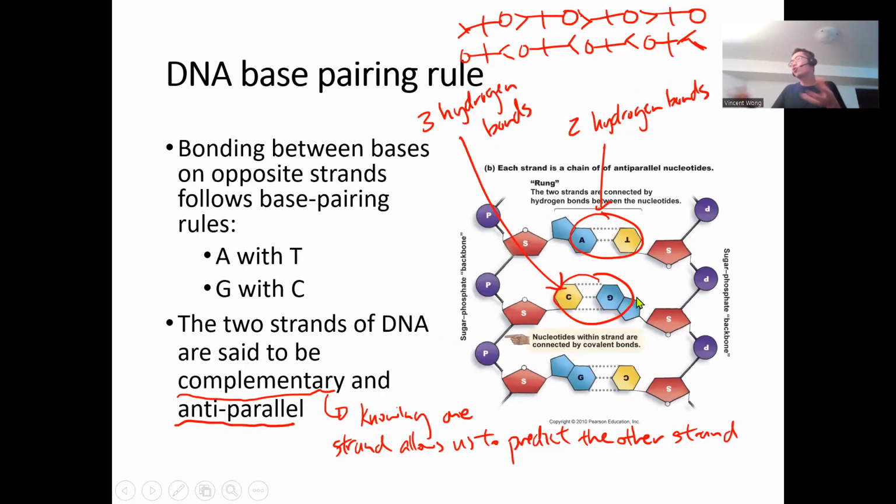Hydrogen bond in general, just think of it as a glue that holds things together. We saw hydrogen bonds between water molecules. We saw hydrogen bonds in proteins holding the secondary and tertiary structure together. And now we have hydrogen bonds holding the 2 strands of the DNA together. Okay, thank you.